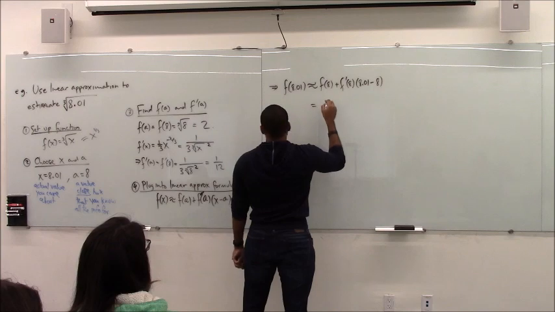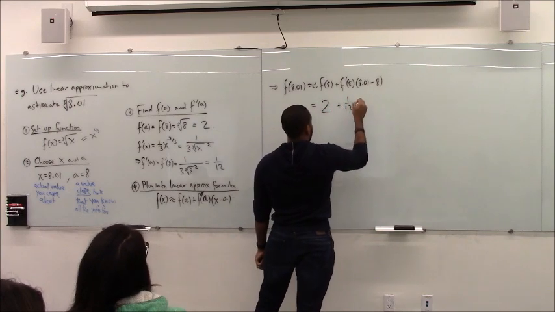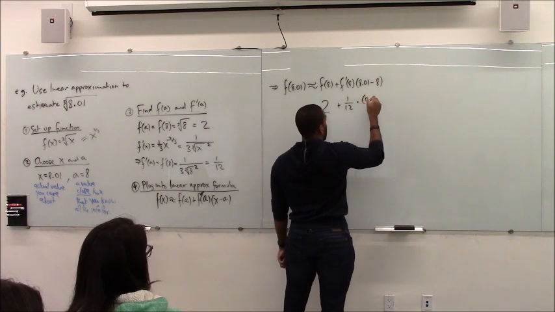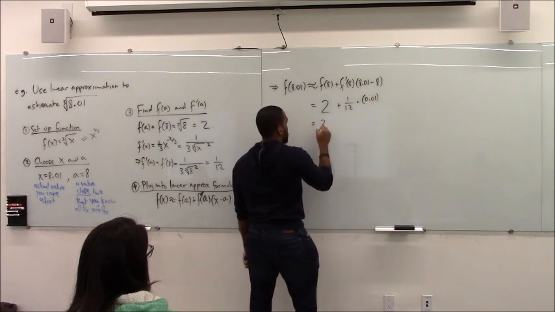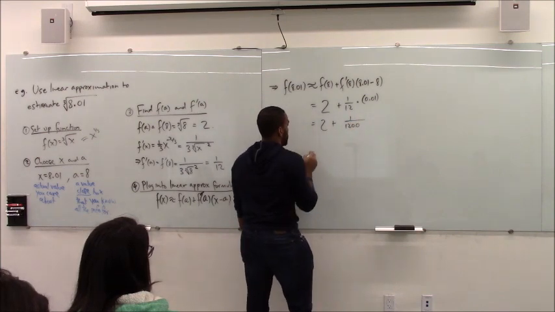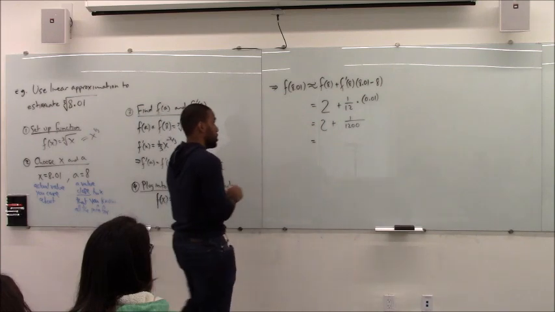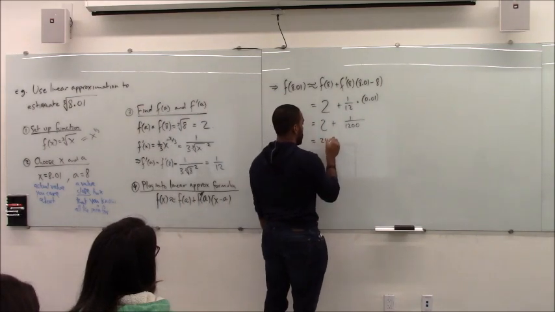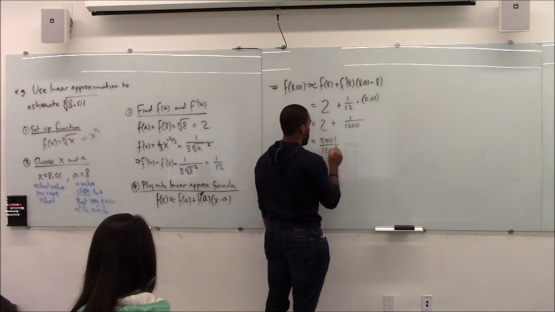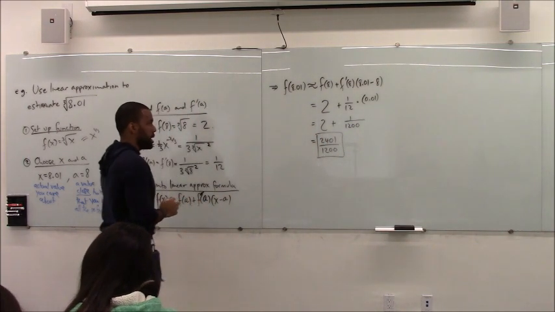So that is going to be 2 plus 1 over 12 times 0.01, which is 1 over 100. 2 plus 1 over 1200. So 2 I can think of as 2400 over 1200, so this is 2401 over 1200. So that would be the guess.